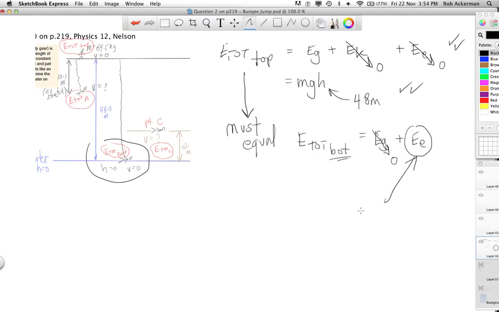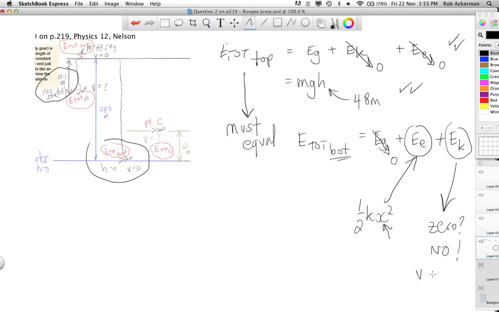That cord is definitely stretched. It's stretched by 1/2 kx squared. How much is x? We've already talked about that. Figure out x at the bottom, remembering 10.1 meters, no stretching occurs. So figure out this value here. And then do this. Solve for EK. Is your EK 0? The answer is going to be no, which means your speed cannot equal 0.